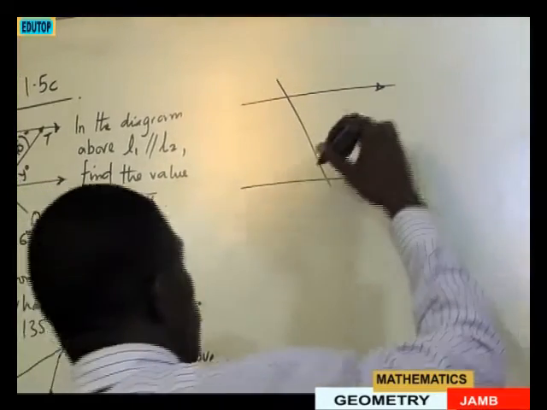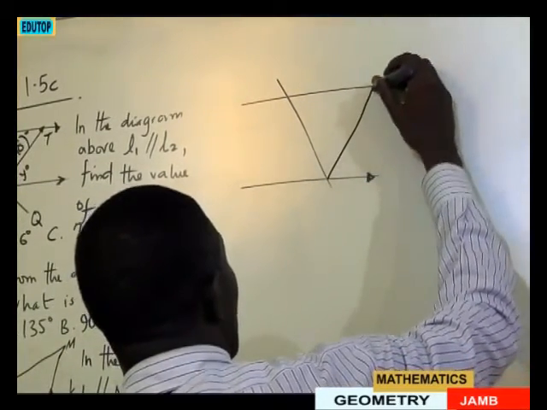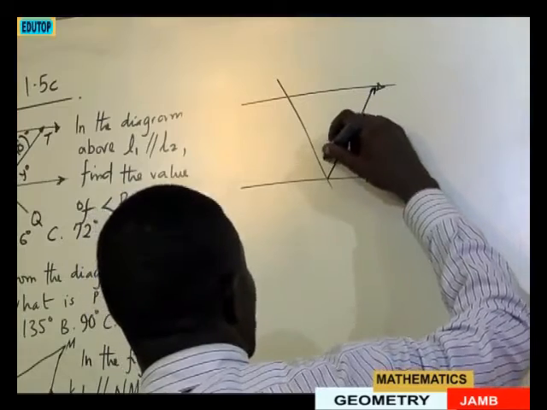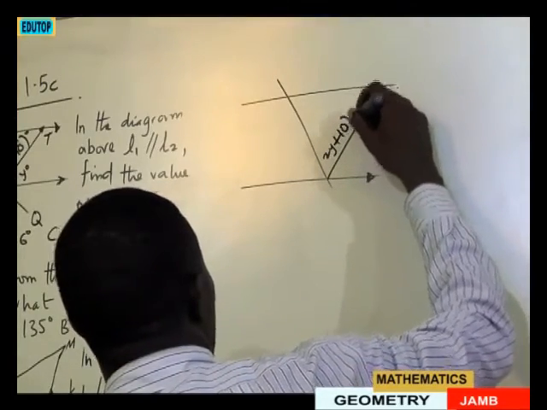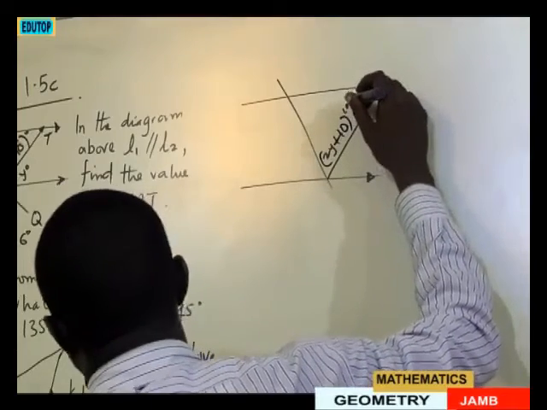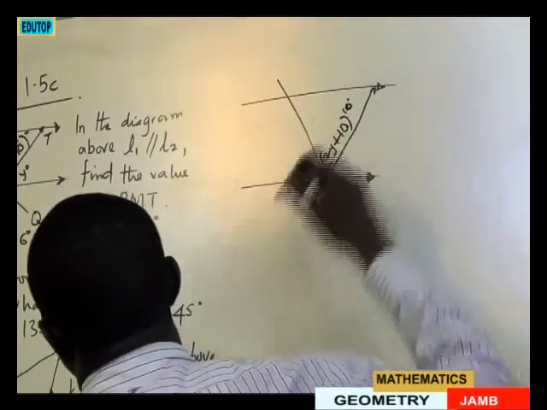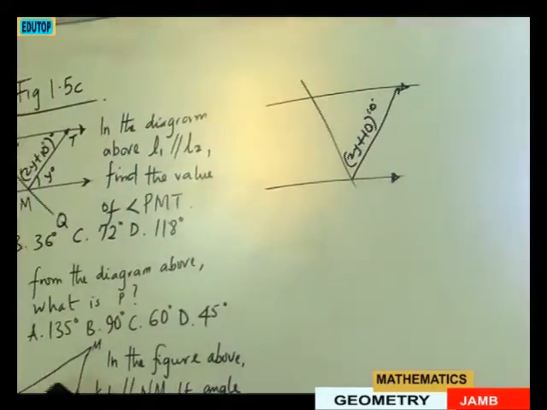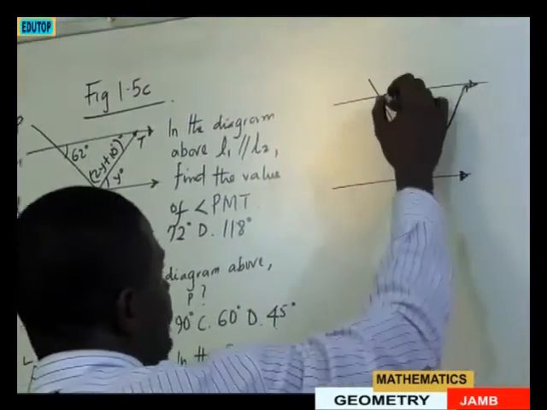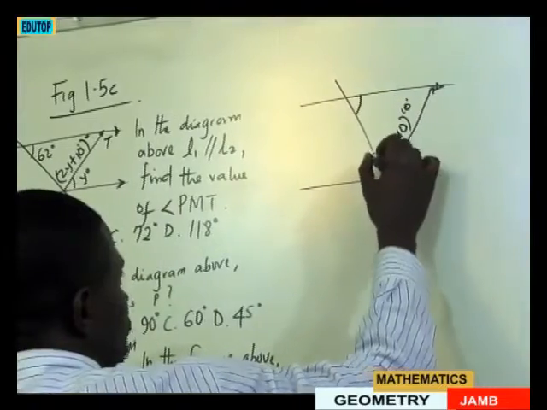So the question asks us to look for this place, which is 2y plus 10 degrees. That means we need to calculate y. So how do we calculate y? Look at this. Since these two lines are parallel, this place is alternate to this.